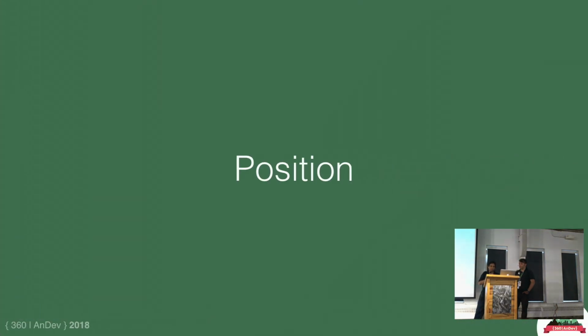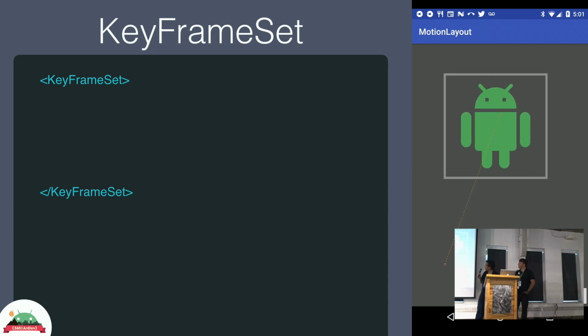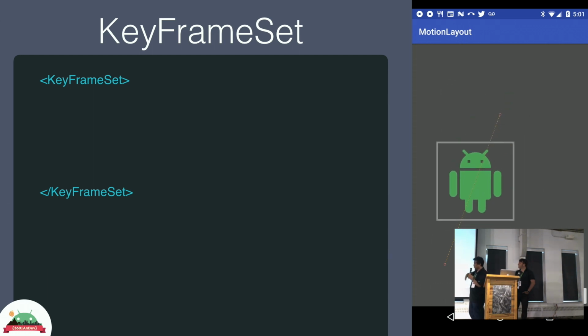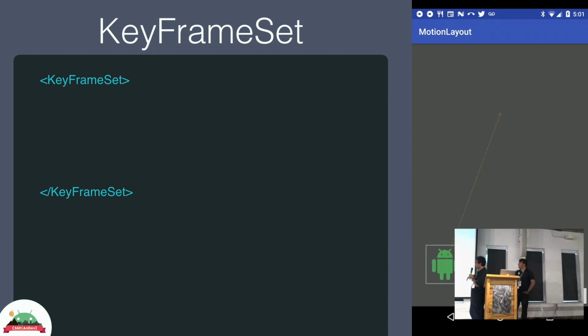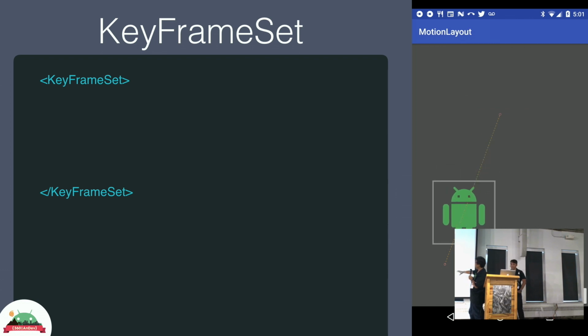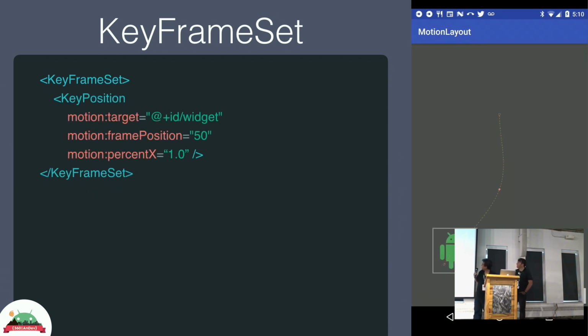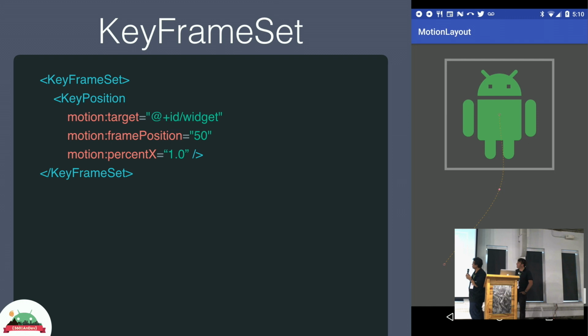So key position, the first one we'll talk about, is position. This is kind of the simplest one in some sense, but it has a lot of subtlety. So if you do a normal animation as you saw before, it's going to have a starting and an ending constraint set. In this case, the constraint set made it smaller and bigger. But by adding a keyframe, you distort the motion.